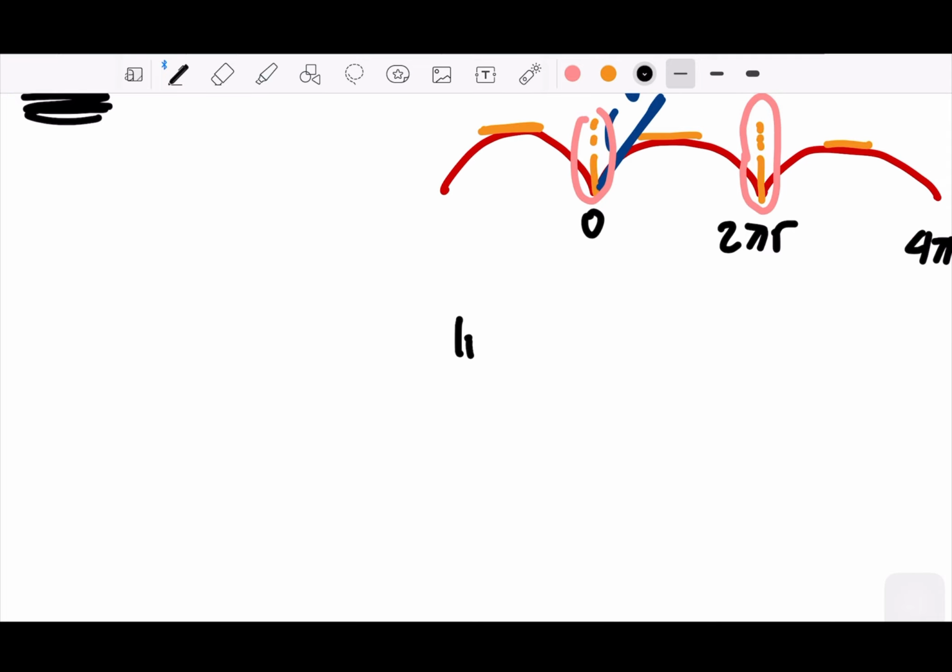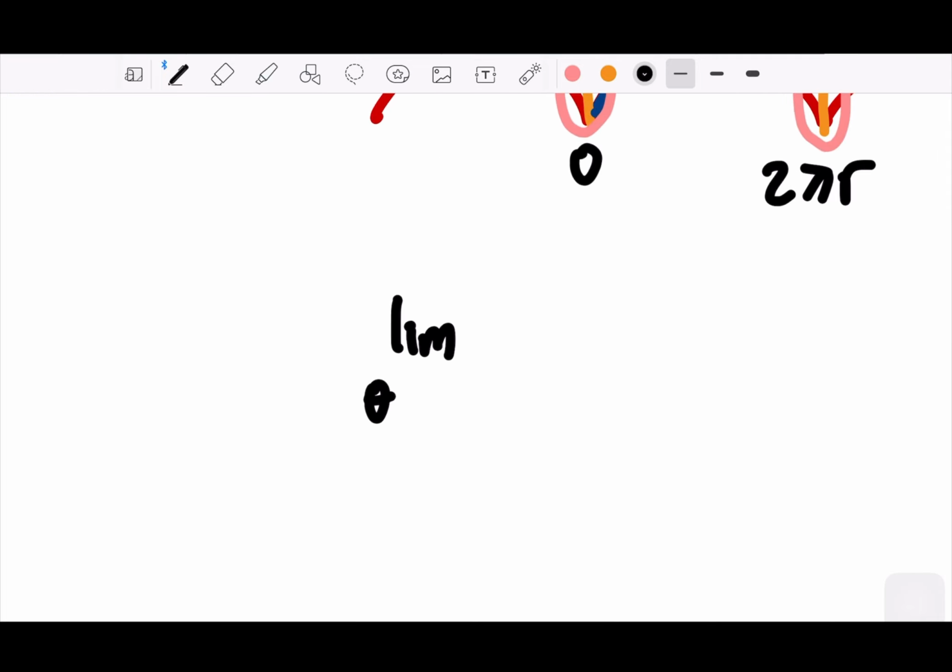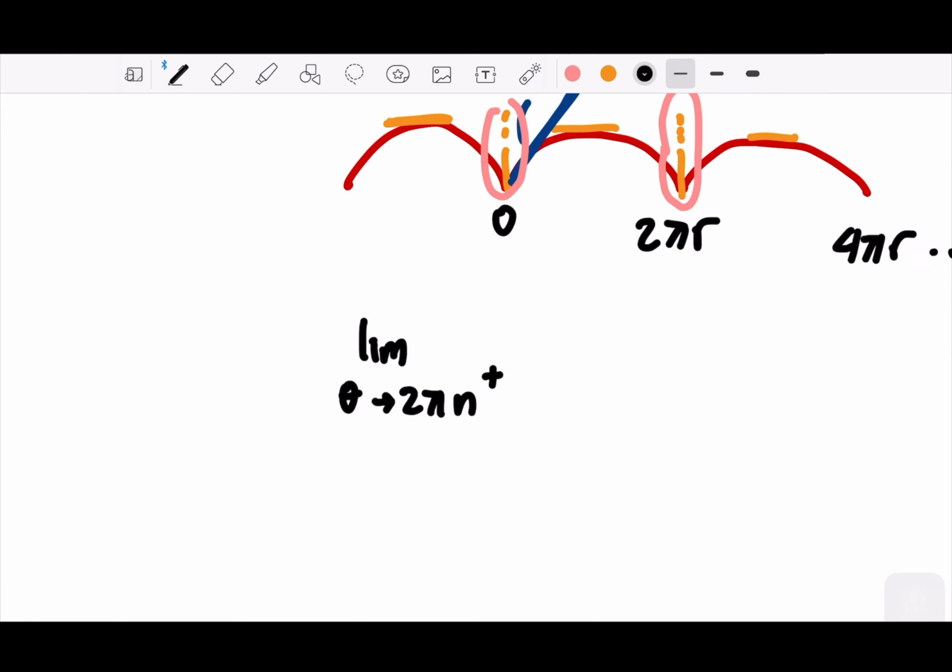So we can have a limit as theta goes to 2 pi n, from the right side, and you can confirm this from the left side too if you would like to.